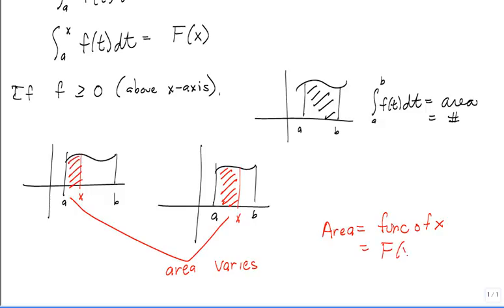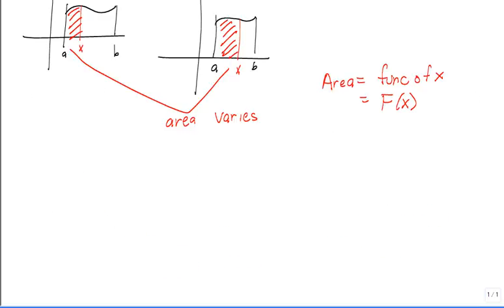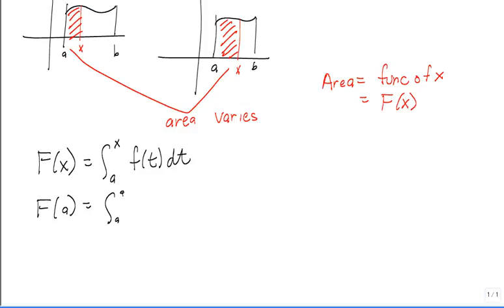It depends on x, so we're going to call this F(x). Because every time you choose a different x, you get a different area. So if F(x) is equal to the integral from a to x of f(t) dt, then F(a) goes from a to a. Well, if you're not moving, you're just staying at the same place, then there's no area, so that's 0.